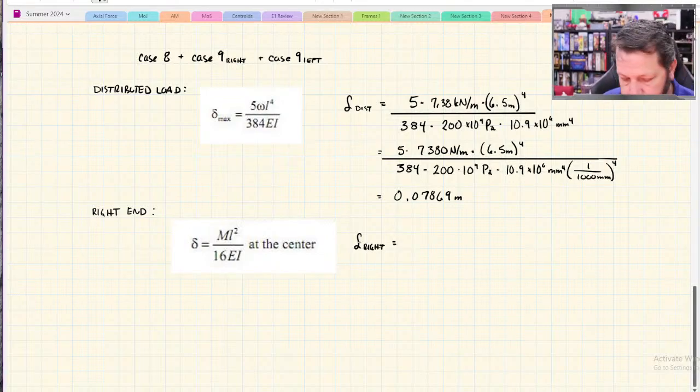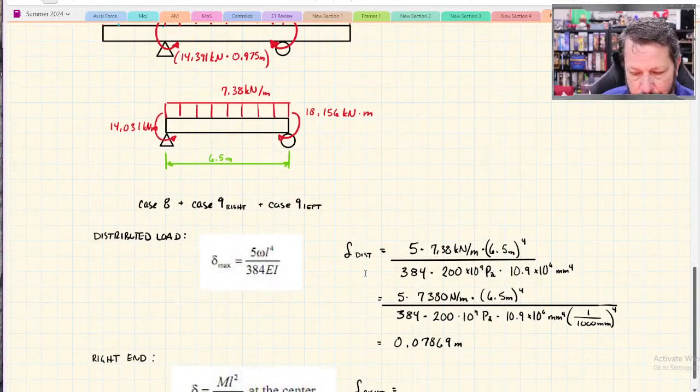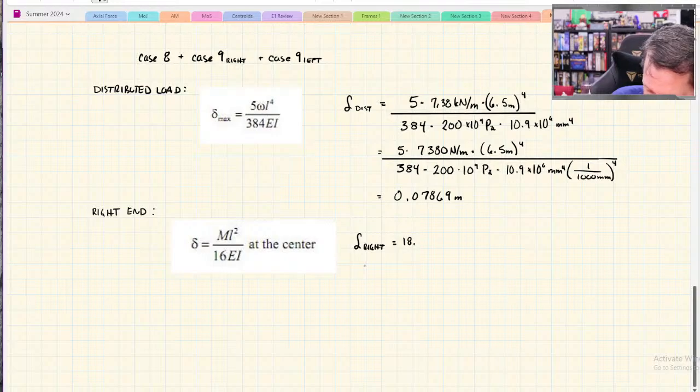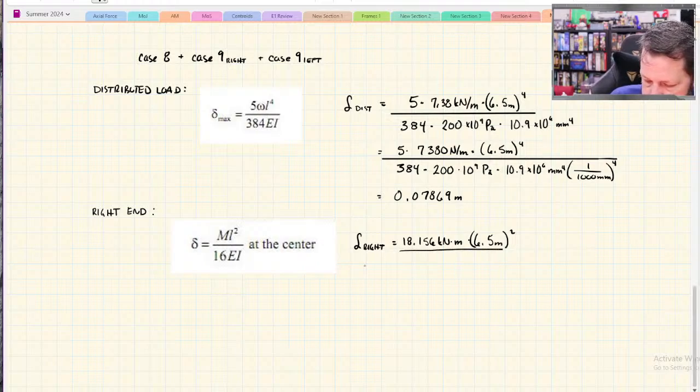So M is our 18.156 kilonewton meters. L is our span squared, over 16 times that same denominator we had before, instead of 384 times it.